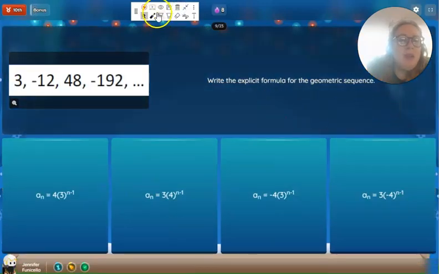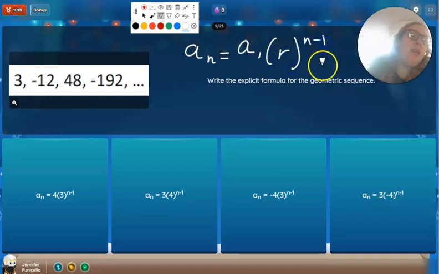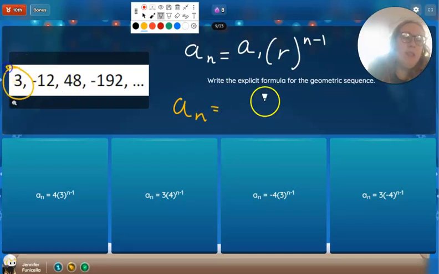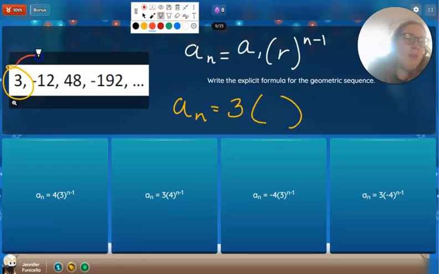Write the explicit formula for this geometric sequence. So, a sub n equals a, the first term, times the rate to the n minus 1. So our first term in this sequence is 3. Our common ratio is going from 3 to negative 12.